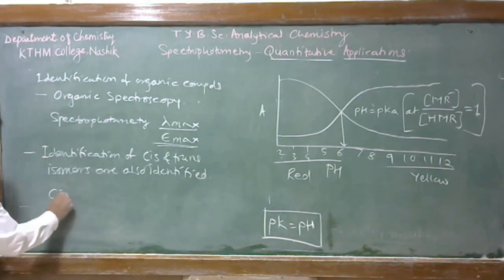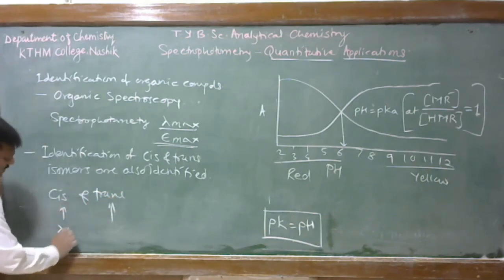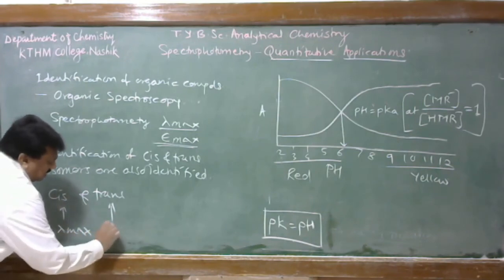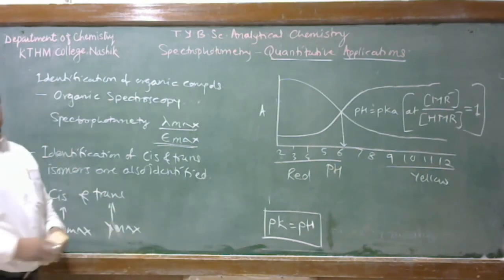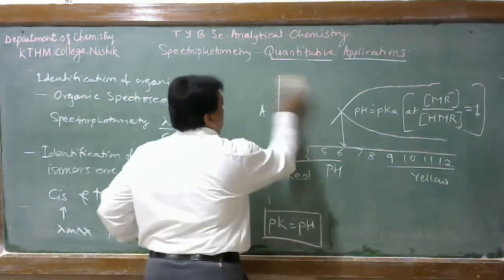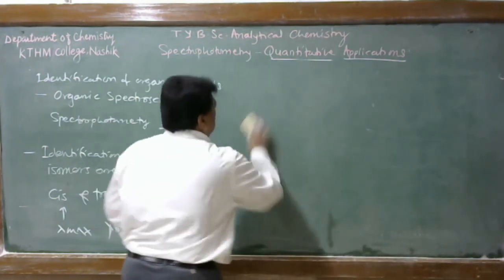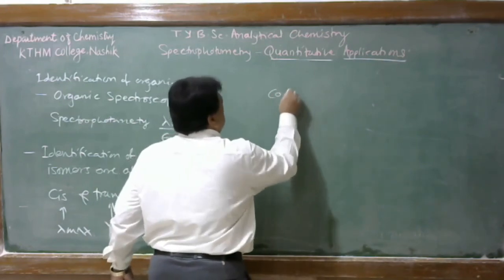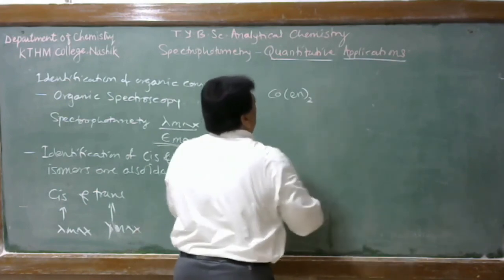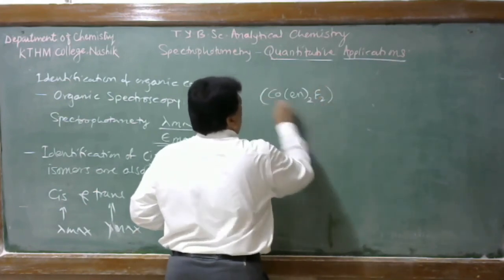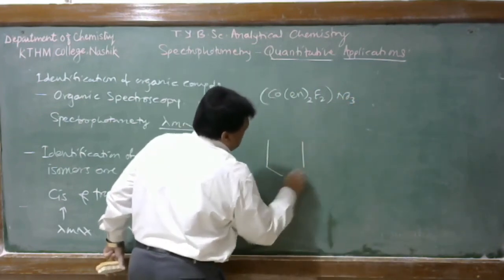In this case, the cis isomer and trans isomer have different values of lambda max, and that is information we can utilize for identification of cis and trans isomers in inorganic complexes. Suppose, for example, we have the compound cobalt bis(ethylenediamine) difluoro nitrate, Co(en)2F2 NO3. It has two types of complex, one is cis, another is trans.